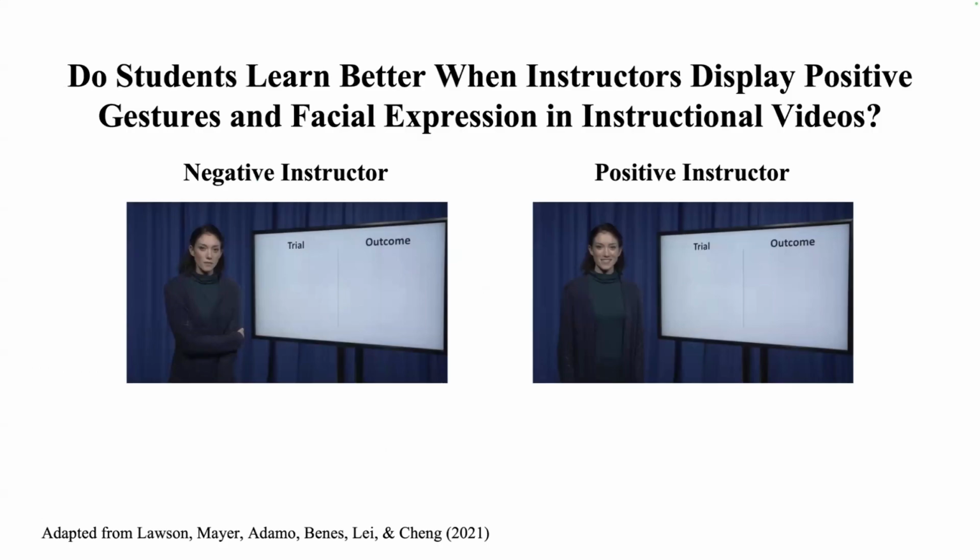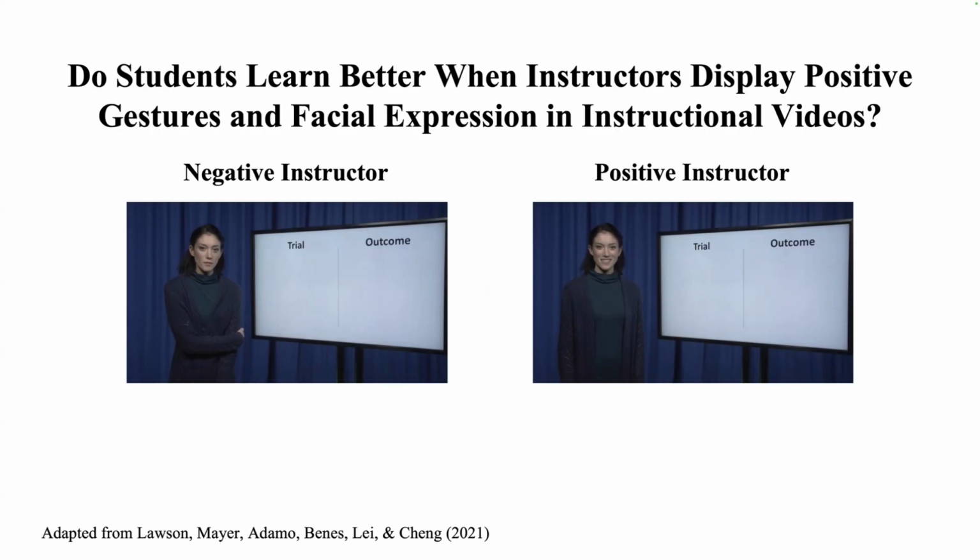Here on the left, we have a screenshot from a lesson. This is on binomial probability, a video lecture. On the left, the instructor is displaying negative emotion. She has her hands crossed against her body. She has kind of a negative facial expression.